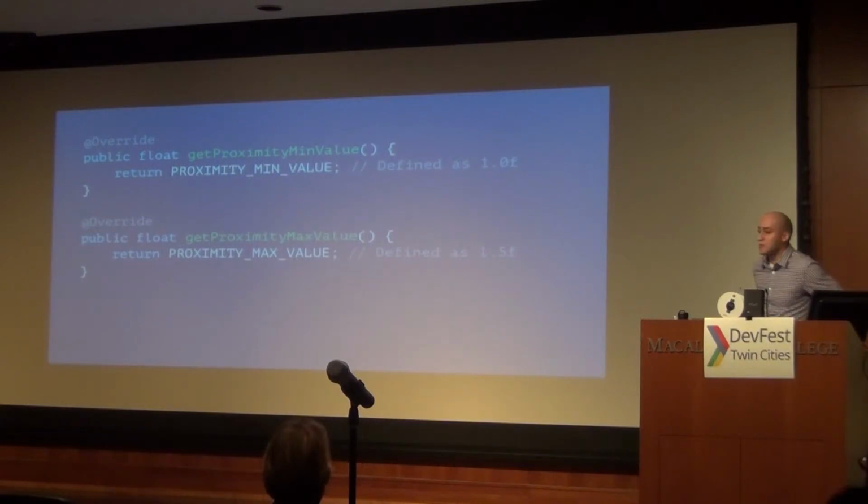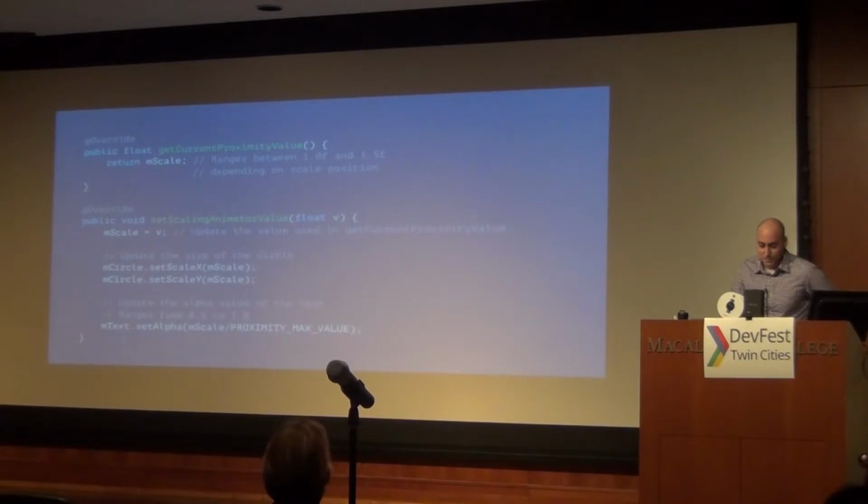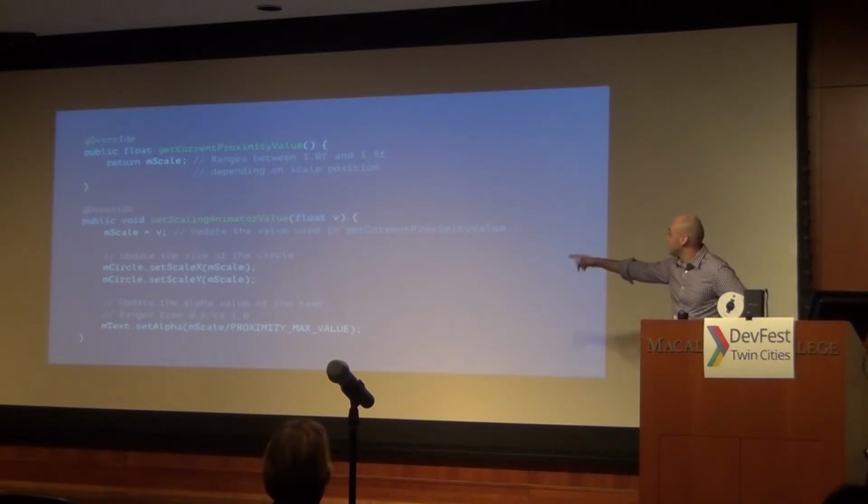All right, so here's an example of what I used for the animation that I showed before. I'm going to have a scaling factor that goes from just 1 to 1.5. In this get current proximity value, I'm just going to spit back the value that I'm given in set scaling animator value.